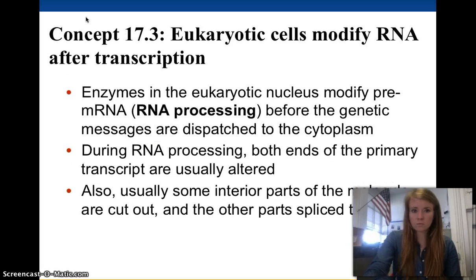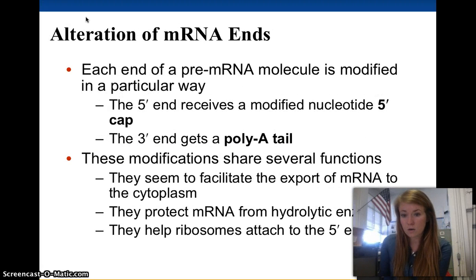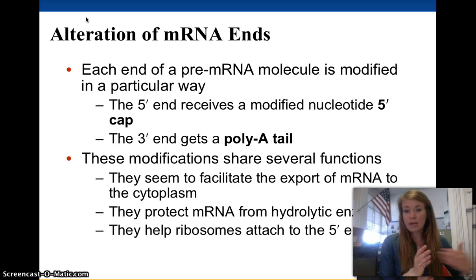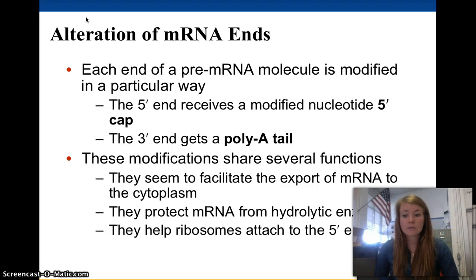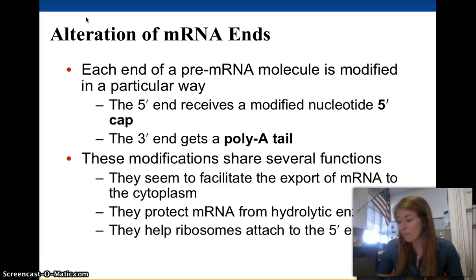Okay, so like I said, the pre-mRNA ends are always modified. The 5' end, as soon as it's made, so remember we add on to the 3' end, so the 5' end is just growing for a while off of the DNA template. As soon as it's ready, even though transcription is still happening, the 5' end is going to get a 5' cap.